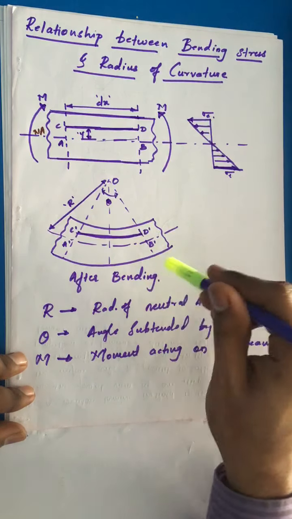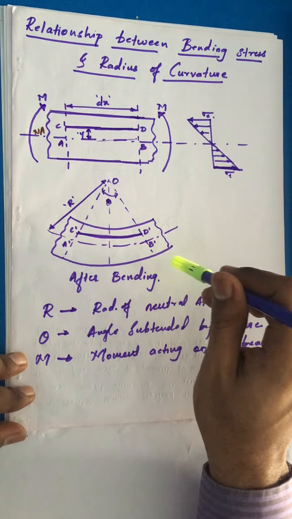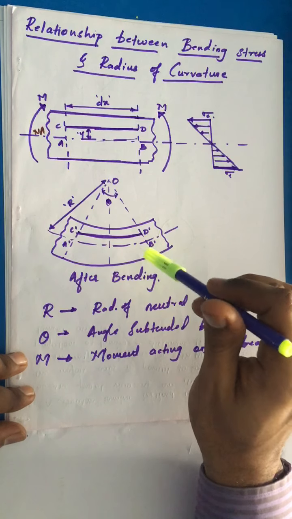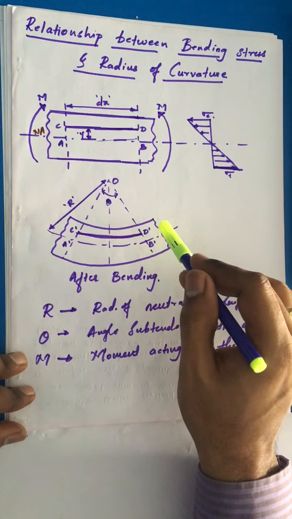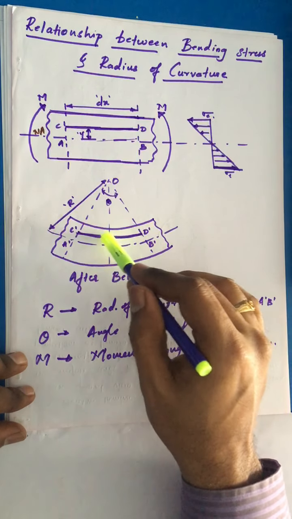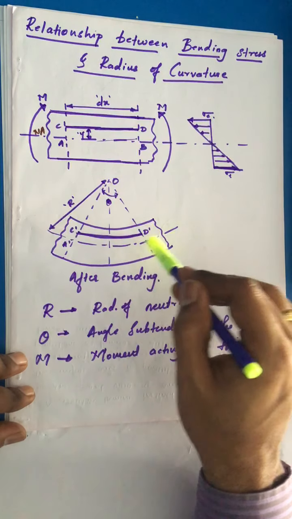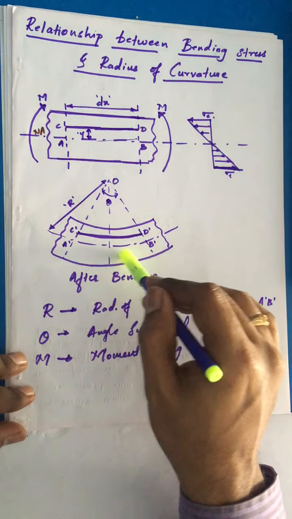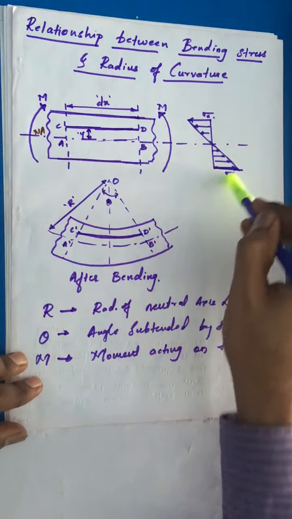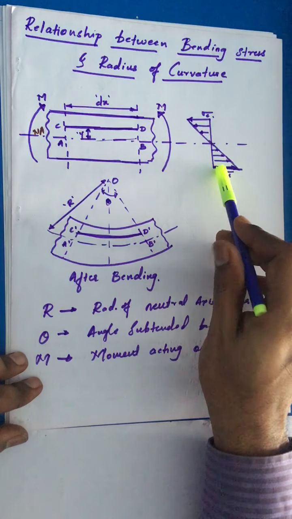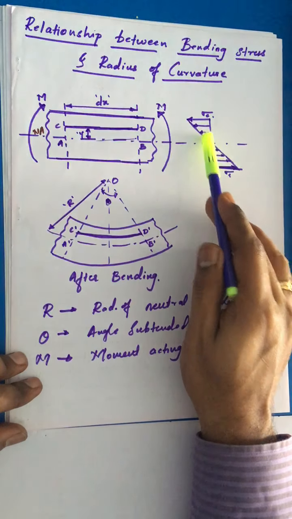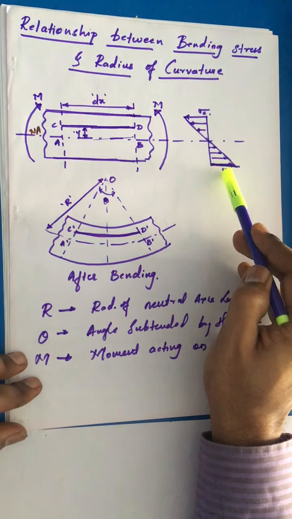In this second diagram, after the beam has been bended, you can clearly see that the layers above the neutral axis are subjected to compressive stresses, and the layers below the neutral axis are subjected to tensile stresses, which is shown here. The same is shown in this particular diagram: compressive stresses above the neutral axis and tensile stresses below.